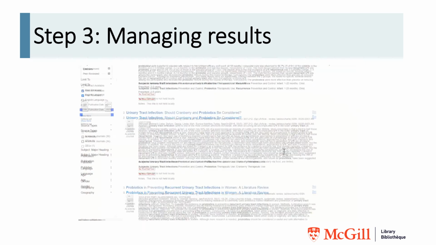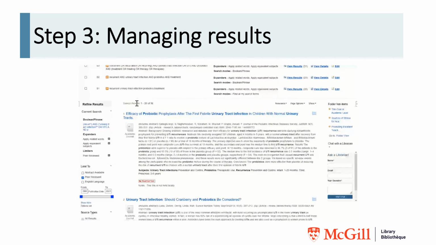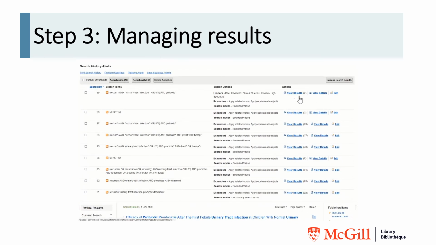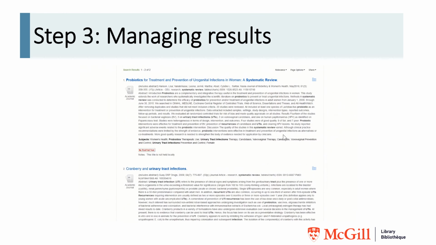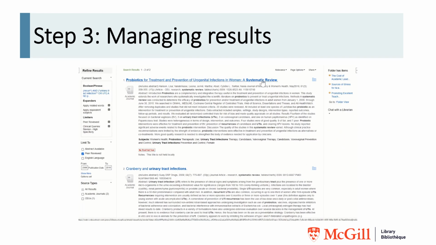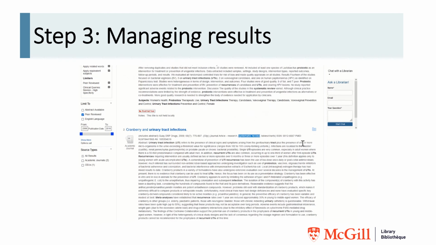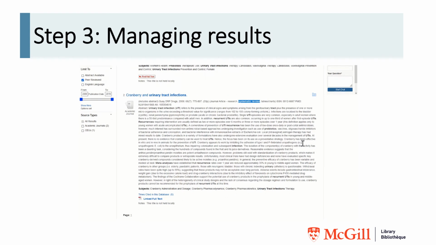No, that didn't really, oh, that's because it's not displaying the new results. So you need to actually say view results. And here we go, the systematic review is right at the top. This one doesn't say systematic review in the title, but it is considered a systematic review. So these are the 2 that you really would want to focus on.